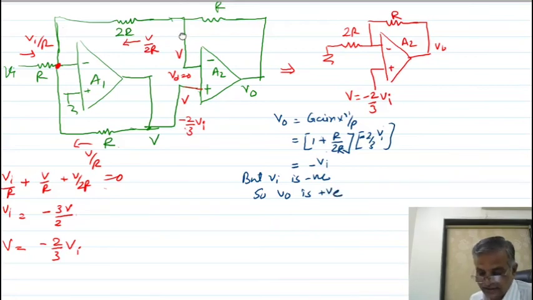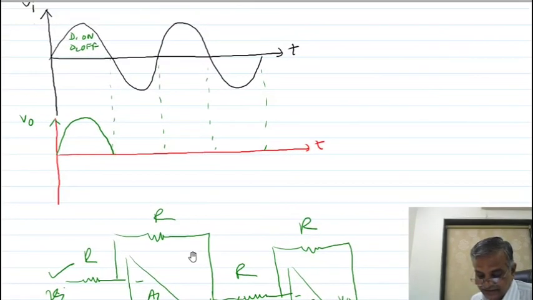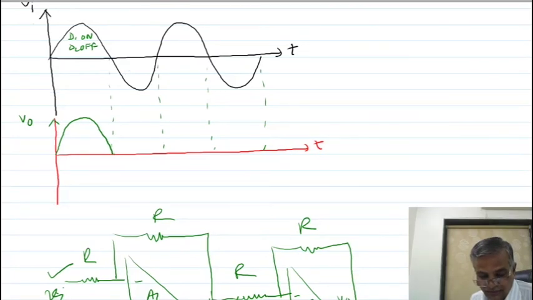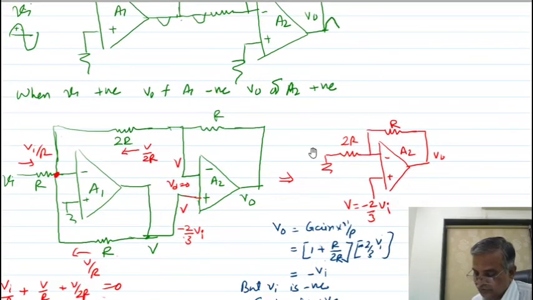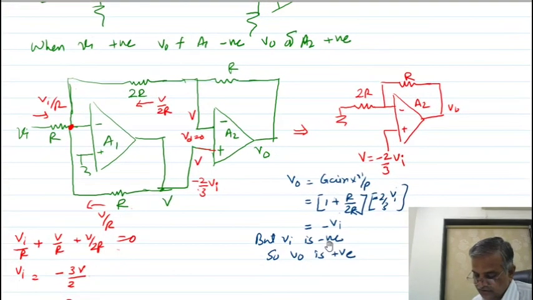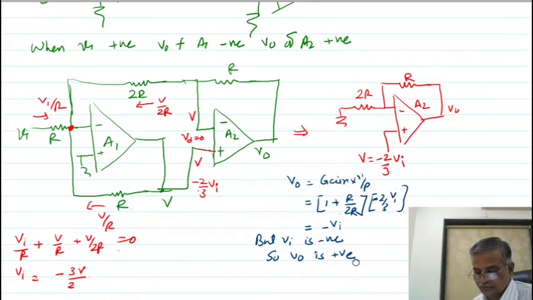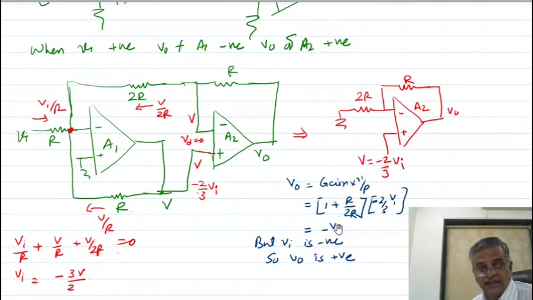So during this negative half, at the output we get the voltage. Vo is positive, which means you are getting the input signal, the same positive half cycle.